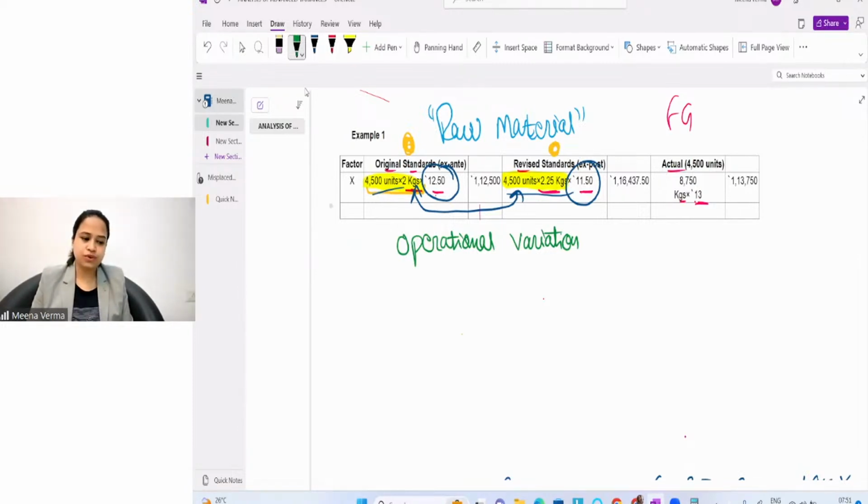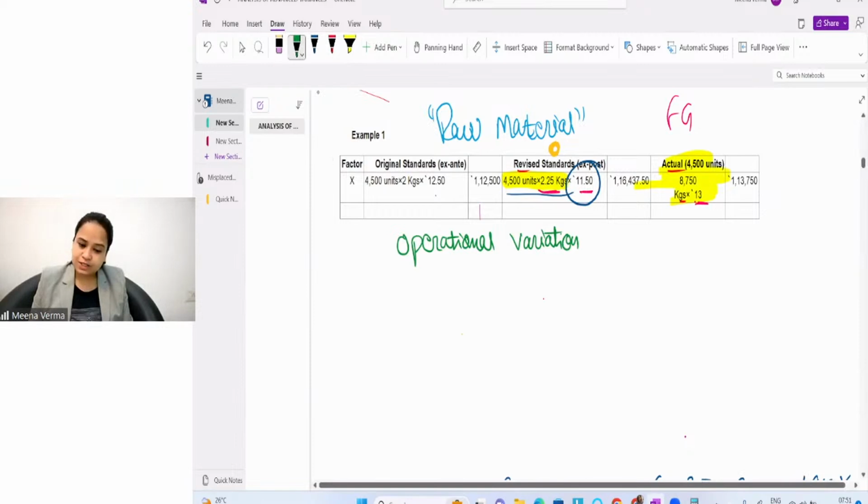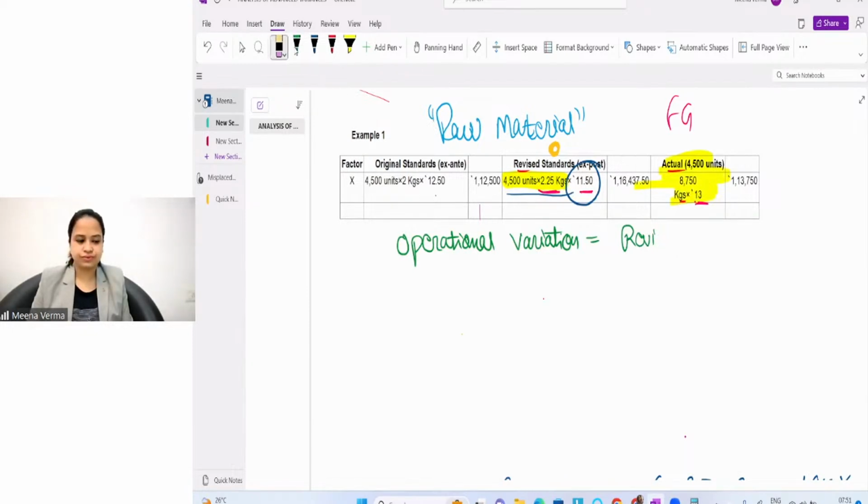If you see the operational variation, we consider these two pieces of information. We consider the revised standard quantity and then the actual scenario the company is having. So operational variation means the revised budget minus the actual scenario.